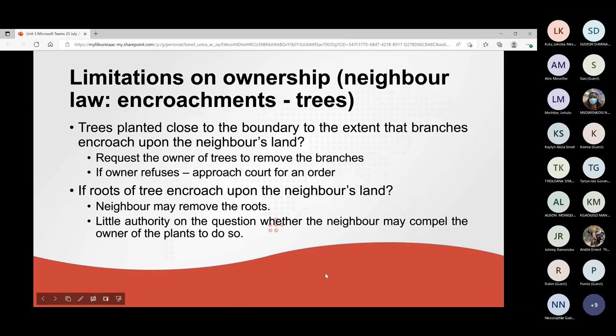If your neighbor's tree roots encroach on your land, you may remove the roots. Please take note that there is little authority on the question of whether a neighbor may compel the owner of the plants to do so with regard to plants.